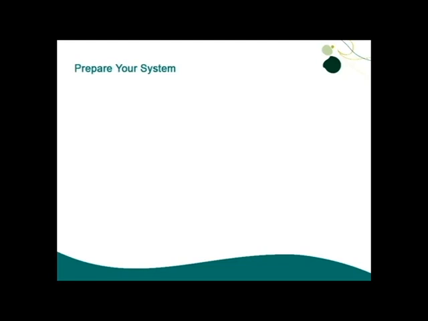Before installing Peachtree, it's a good idea to prepare your system. To learn tips that will ensure a successful installation of Peachtree, it is recommended that you view the pre-installation checklist topic before installing Peachtree.